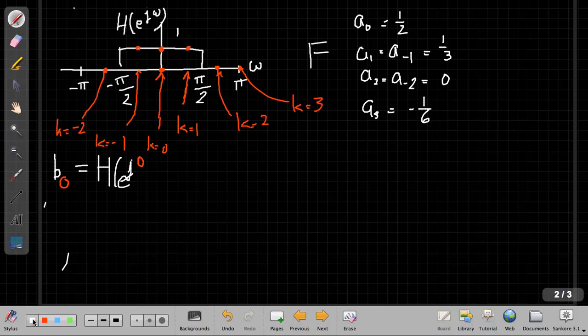Because when k is 0, times a, again with the same k, which is 0. So all this is the k equals 0 term.